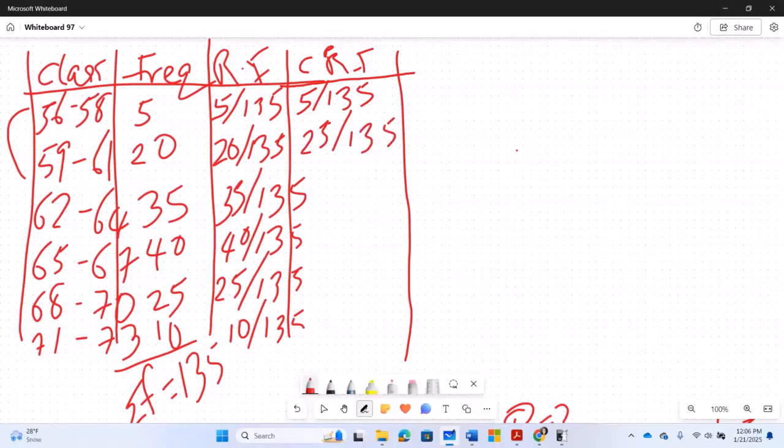The cumulative relative frequency of the third class is actually 60 out of 135. The cumulative frequency of the fourth class is 100 out of 135.